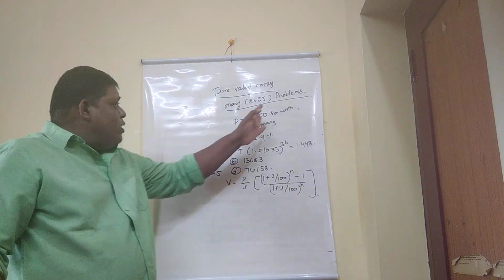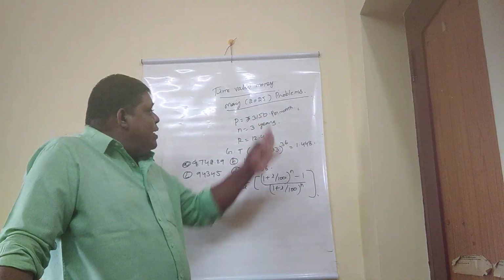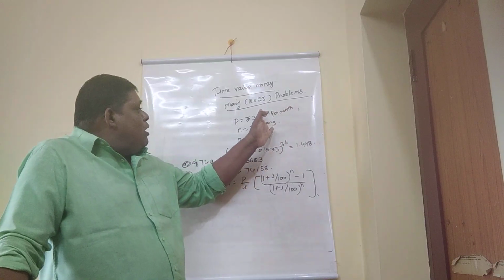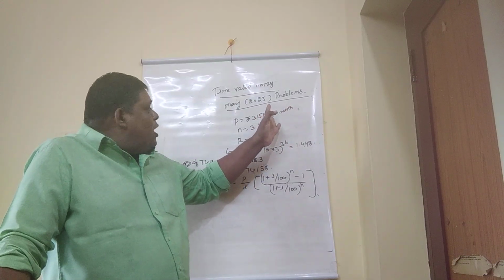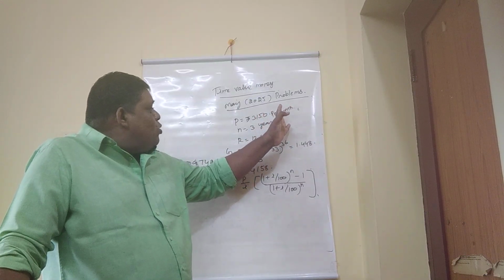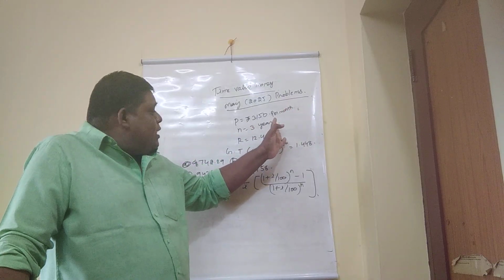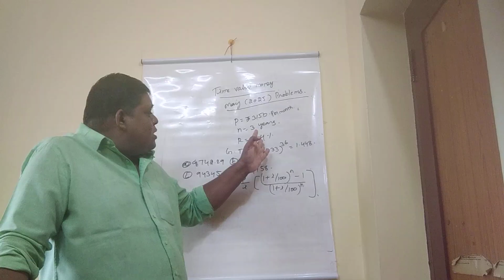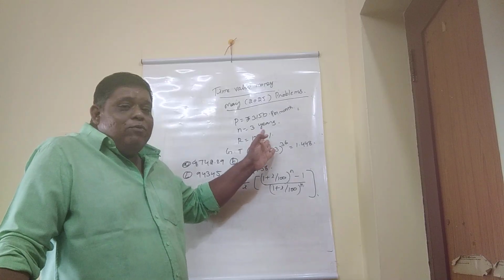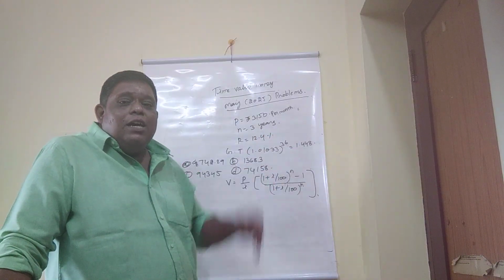In the given question we use the monthly formula. The installment amount is rupees 3150 per month, the total number of years is 3, and the rate of interest is 12.4% discounted monthly.